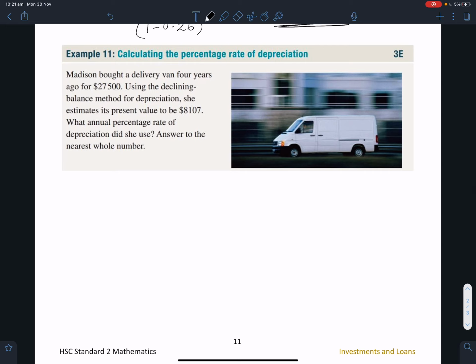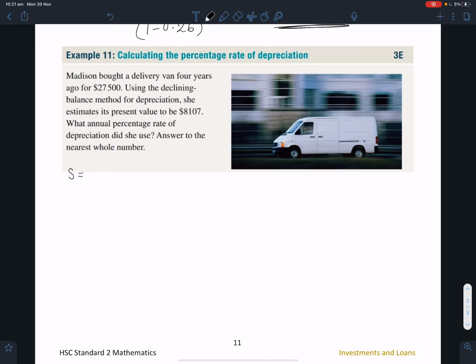This one's a bit of work. Madison bought a delivery van 4 years ago for $27,500. Using the declining balance method of depreciation, she estimates its present value to be $8,107. What annual percentage rate of depreciation did she use? Answer to the nearest whole number. So we need to find the rate. This is a little bit messy.